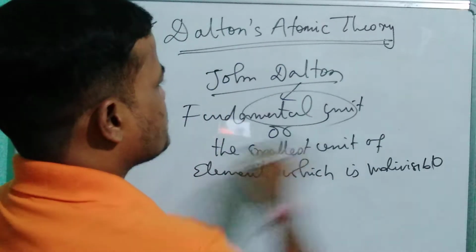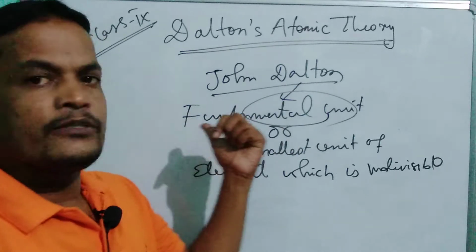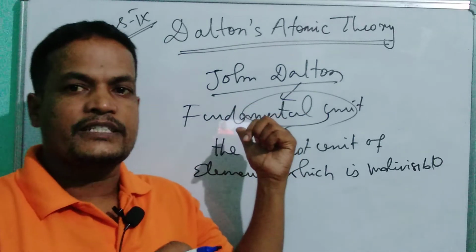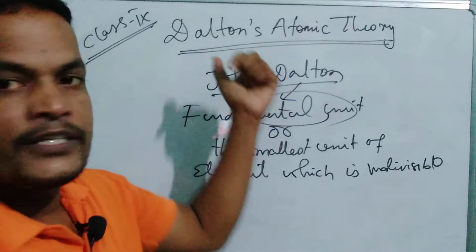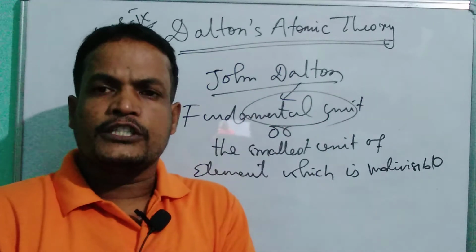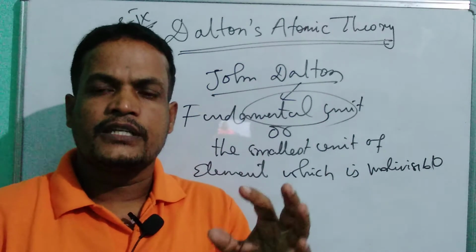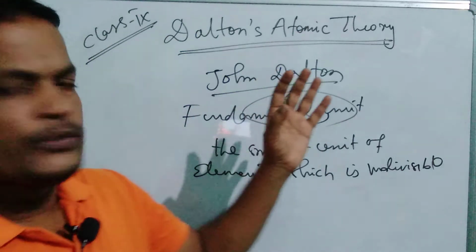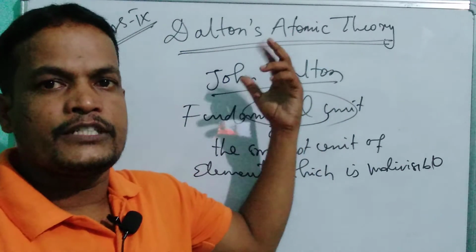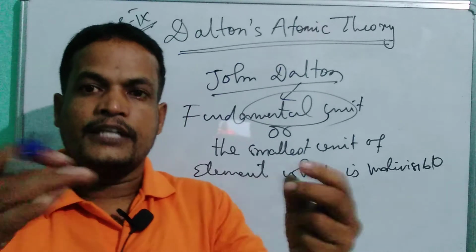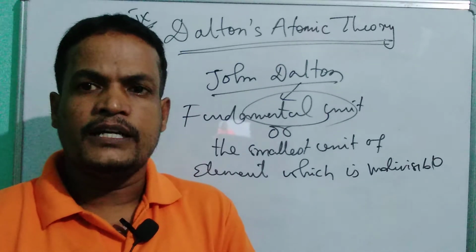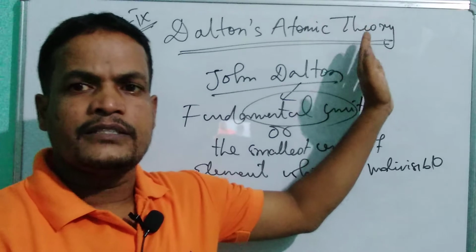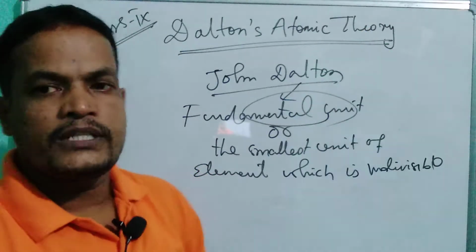So the definition of atom was first given by John Dalton. The discovery was made in the form of theories, and some statements were given which are called postulates. That theory is popularly called Dalton's atomic theory, and the statements given by Dalton are called the postulates of Dalton.